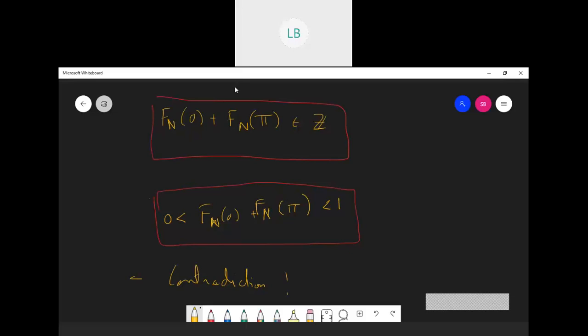No, I am not showing that what you are saying is the case, that capital Fn(x) is equal to capital Fn(pi minus x). That may be the case, but I am not showing that. I am just showing the small f part. Just do the trivial computation and you will get small f(nx) is equal to small f(n(pi minus x)).